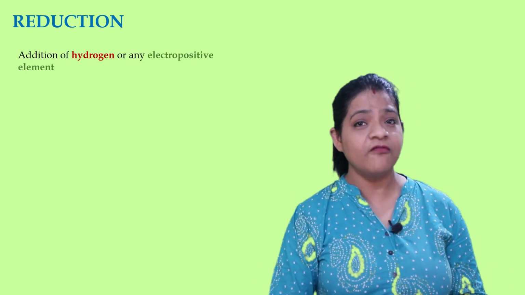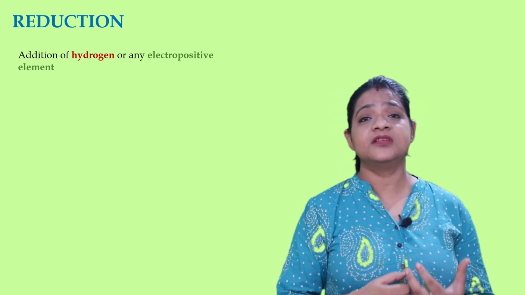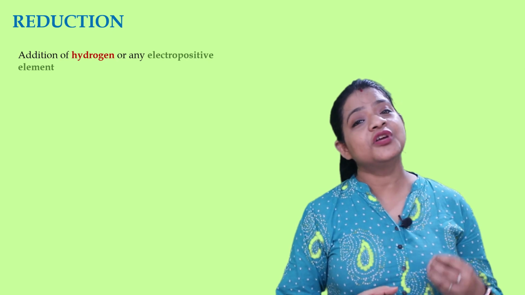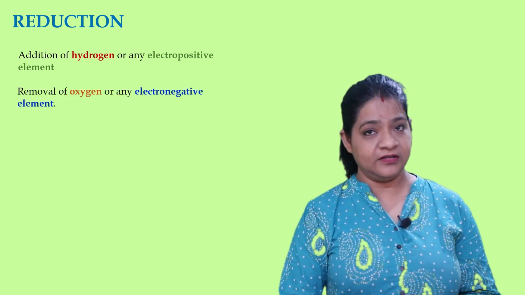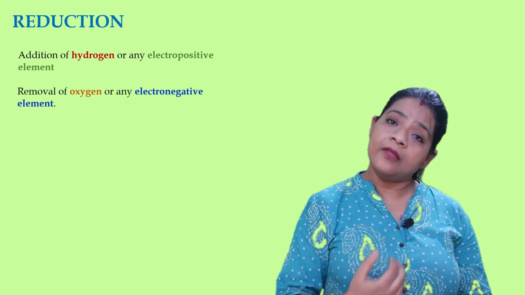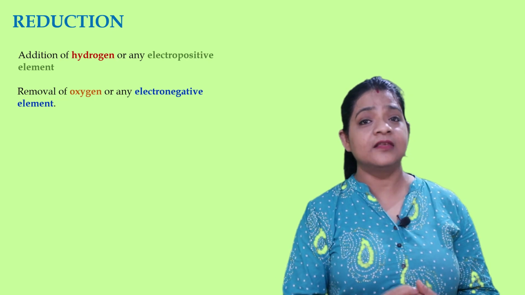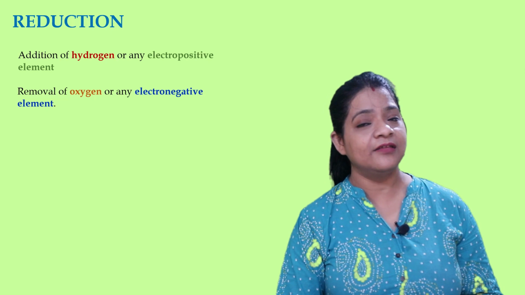Reduction reaction is basically just the opposite of oxidation reaction, where reduction is defined as addition of hydrogen or any other electropositive element, or in another way it can be defined as removal of oxygen or any other electronegative element.